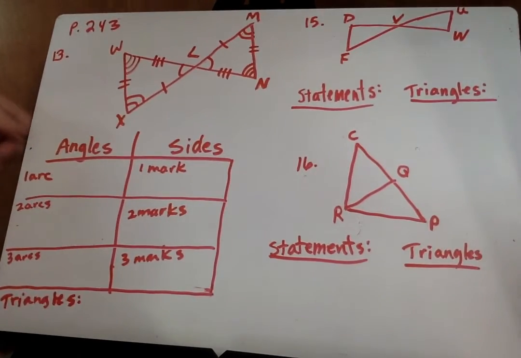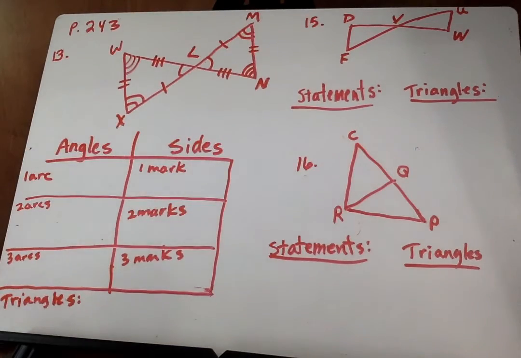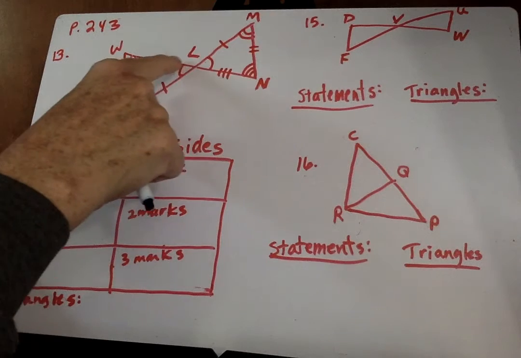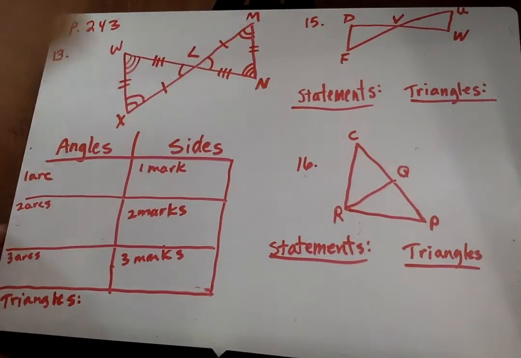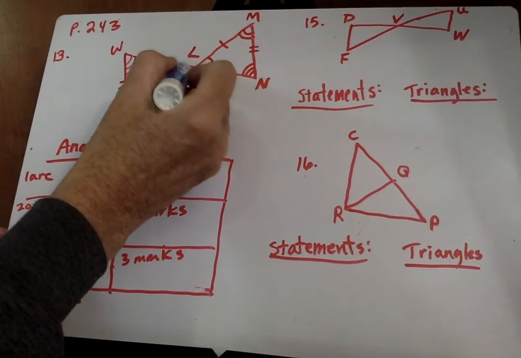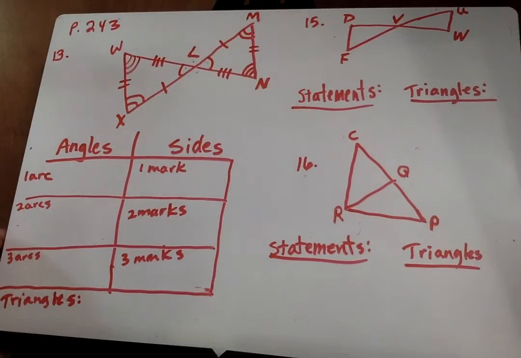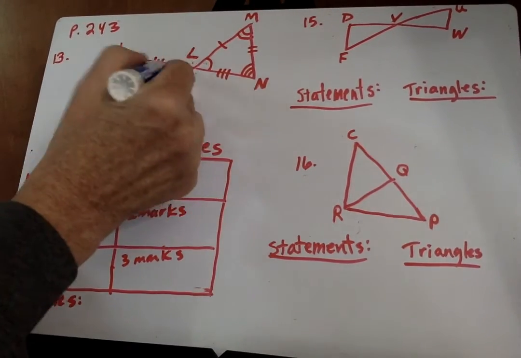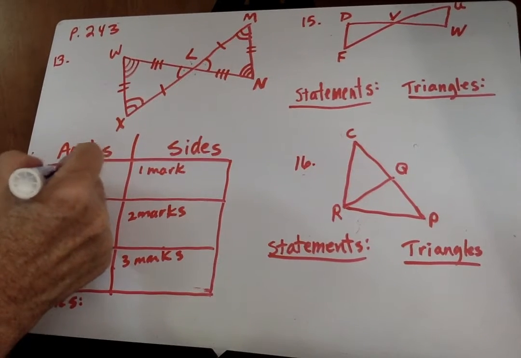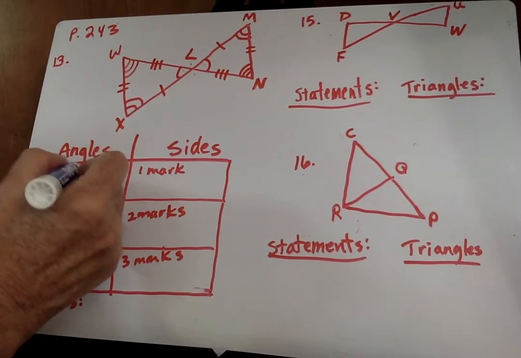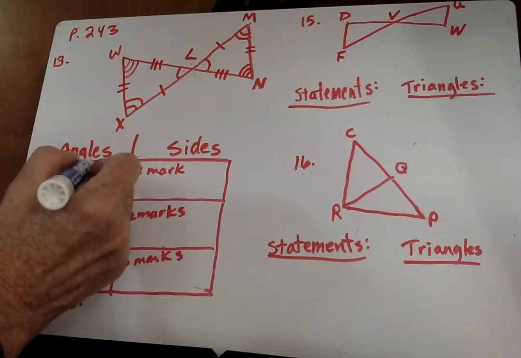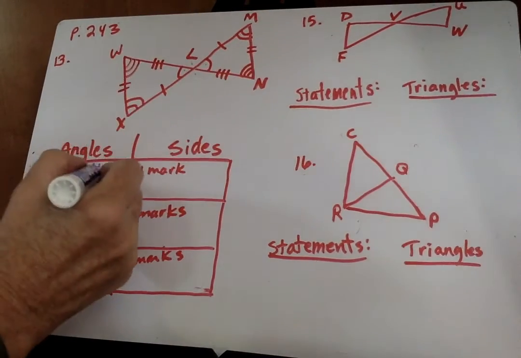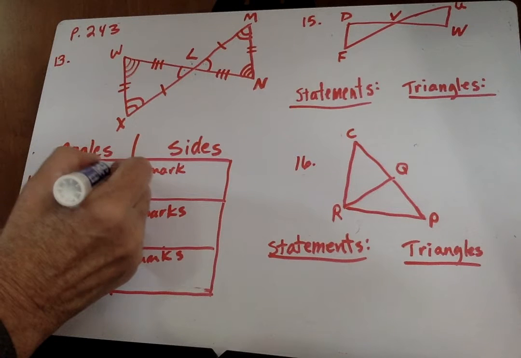Okay, so angles, one arch. Notice the two one arches are here. If I just say angle L, we don't know which one it is out of those four angles, so we have to use three letters to name it. So I'm going to say angle WLX. So angle WLX is congruent to angle NLM.